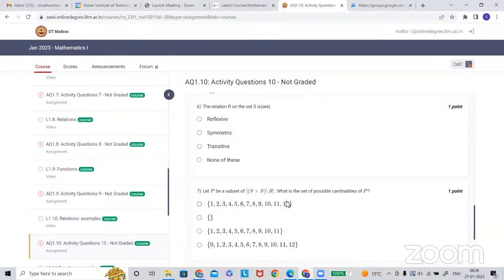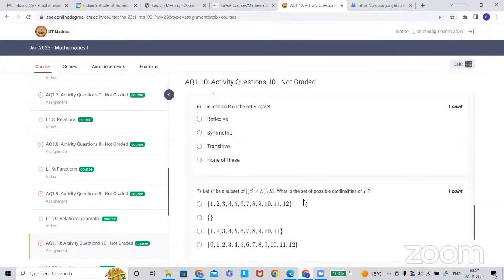I understand the null set is a subset of every set, but when we take the Cartesian product, why don't we explicitly mention that the empty set is also one of the subsets, like the power set? We should say 4 into 3 plus 1, where 4 times 3 is 12 and the plus 1 represents the empty set. That's the confusion.